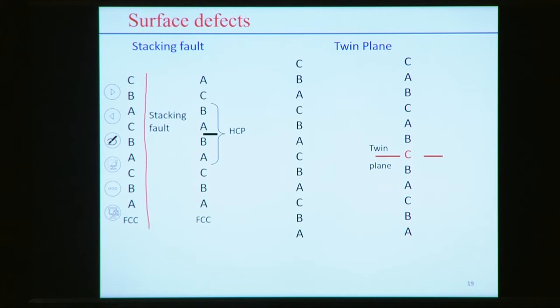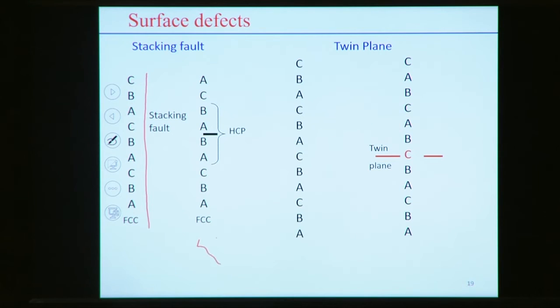If we shift to the next plane, there are three atoms, and the next upper plane of the HCP crystal structure is a repetition of the base plane structure. So that sequence can be represented as A, then the next layer as a different arrangement of atoms, B, and the next layer again a repetition of the base plane, another A. So in the HCP structure, the stacking sequence is A, B, A, B like that.